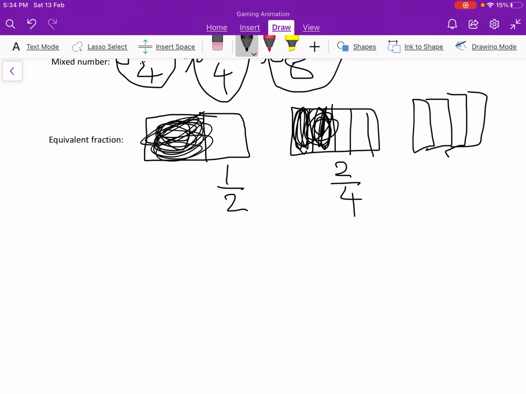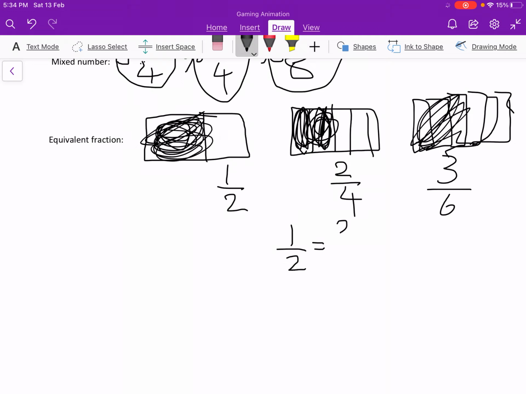I'm gonna give you 6 blocks, and I'm gonna cover 3 of it, which equals 3 by 6. It is clear from the above diagrams that 1 by 2 is equal to 2 by 4, which is equal to 3 by 6. Okay?